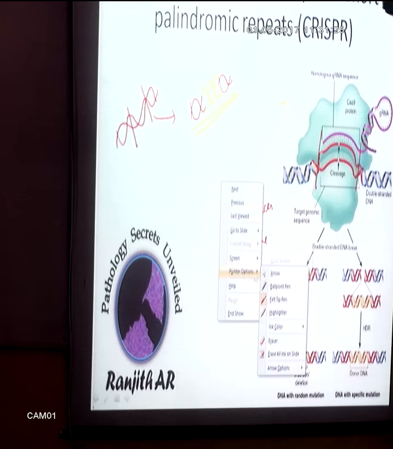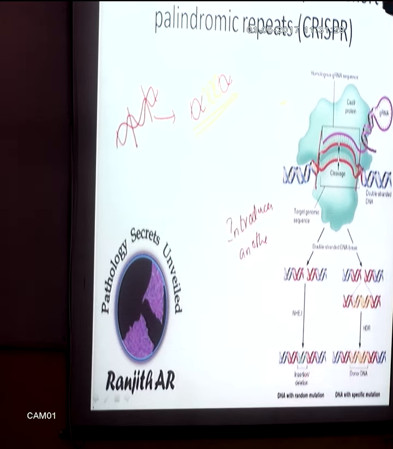So tell me how it is useful. Any point mutation, you can use CRISPR and correct it. Example, sickle cell anemia, beta chain 6th position, glutamine to valine.